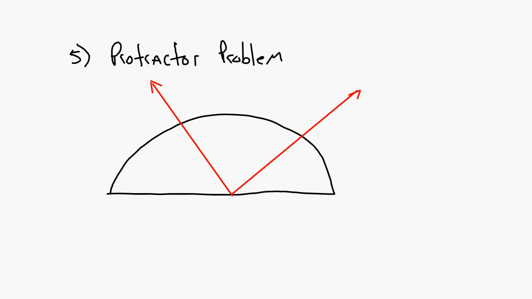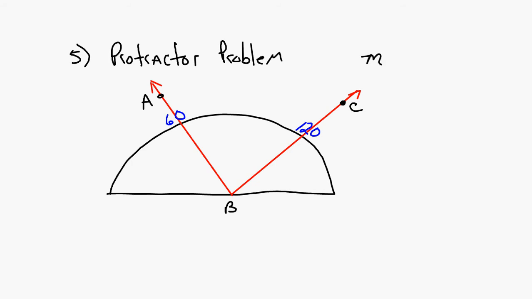Let's say the protractor goes through 60 on this side. This number is 60. And it goes through 120 on this side. And let's call it ABC.